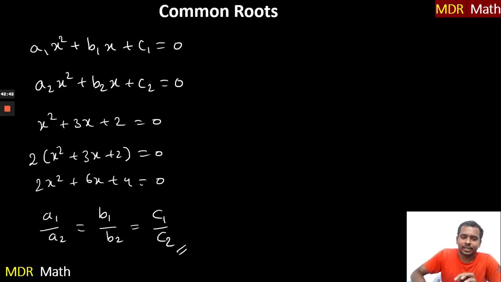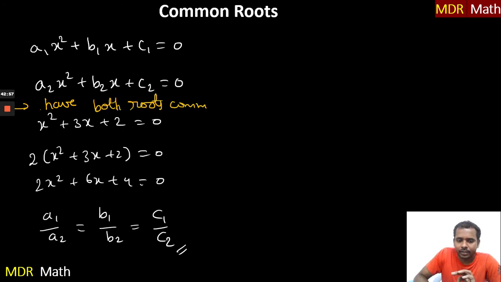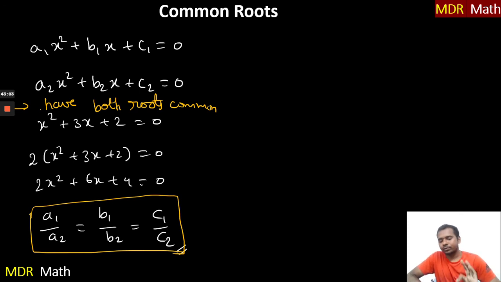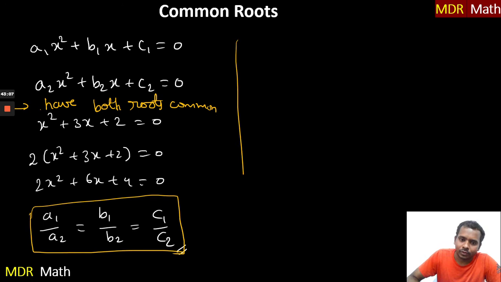So this is the case where it has both roots common, and this is the condition: a1 by a2, b1 by b2 which is equal to c1 by c2. Let's see what the condition is to have one common root.